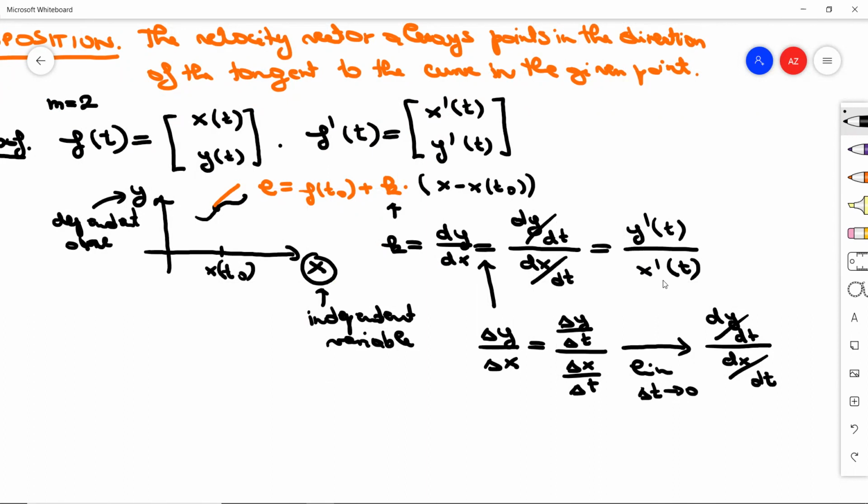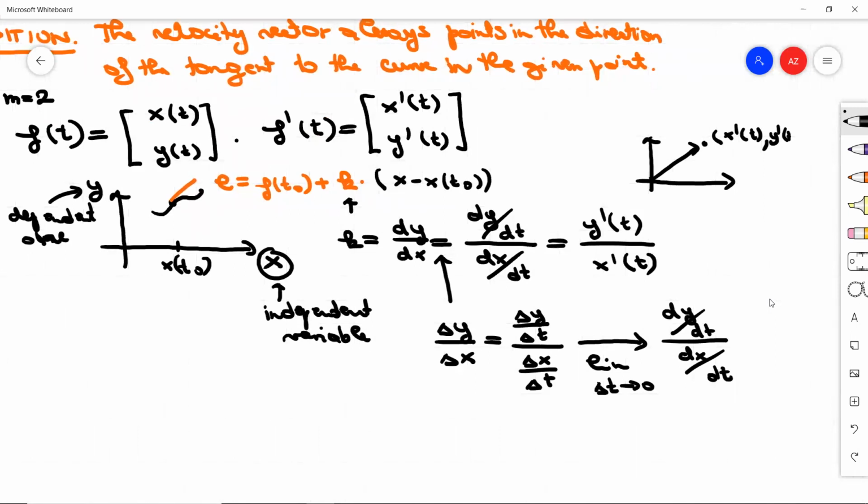So in fact, this is just the slope of this vector. Let's say that this is the vector with coordinates x prime of t and then y prime of t. K is then the slope of this vector.